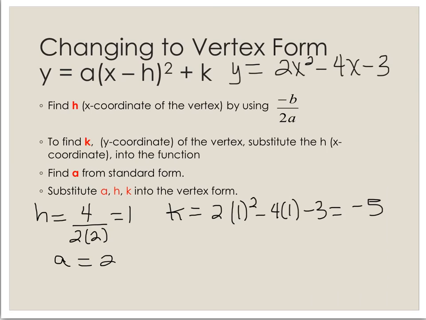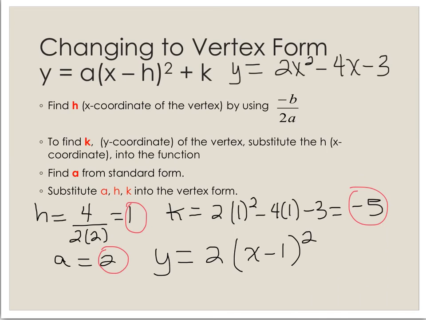So we're going to take the 3 values and substitute them back into vertex form. And we get y equals 2 times (x minus 1) squared minus 5. So we've just gone from standard form to vertex form.